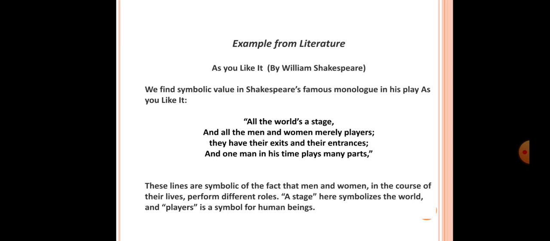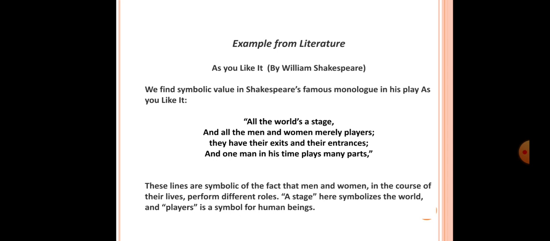Now, I will give you an example from literature. It's from William Shakespeare's play As You Like It. In this play, we find symbolic value in Shakespeare's famous monologue. And the lines are like this: all the world's a stage, and all the men and women merely players. They have their exits and their entrances, and one man in his time plays many parts.